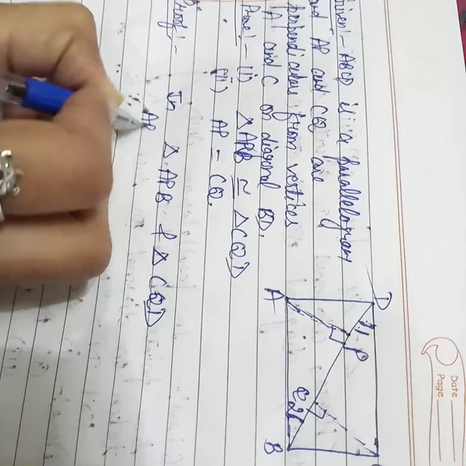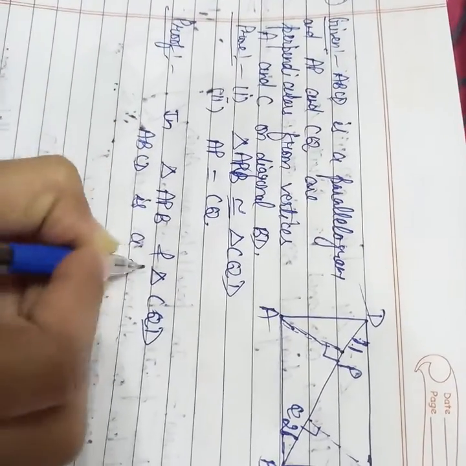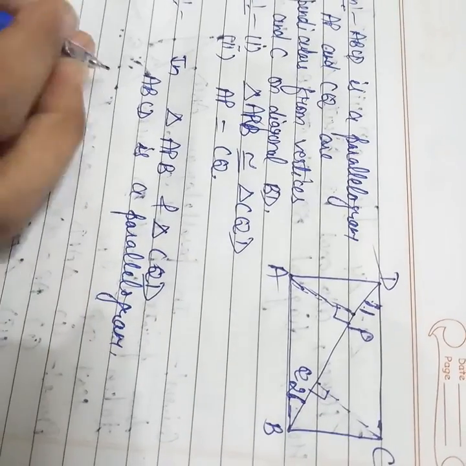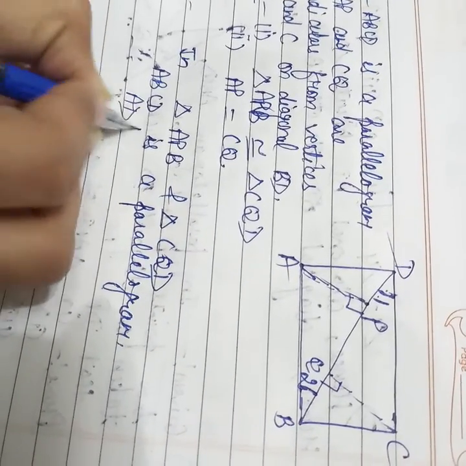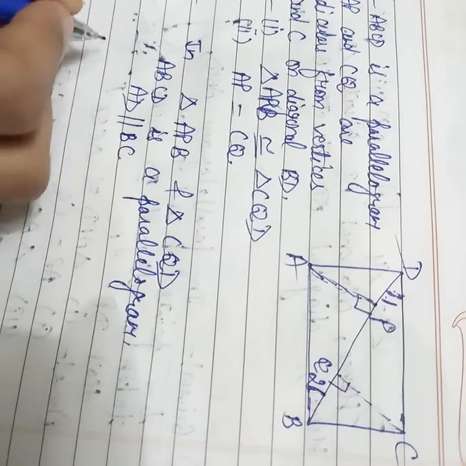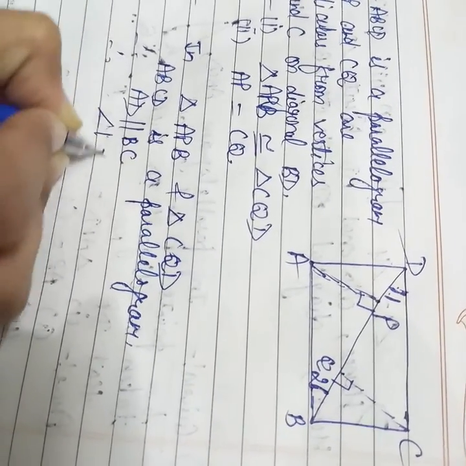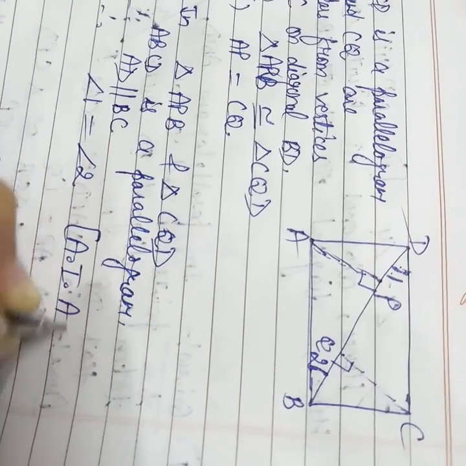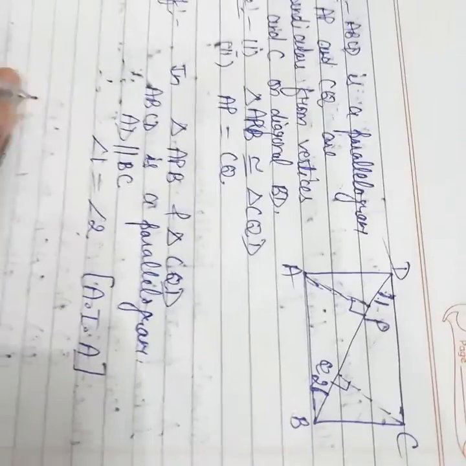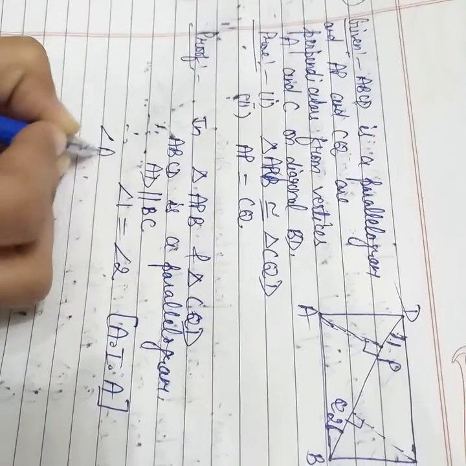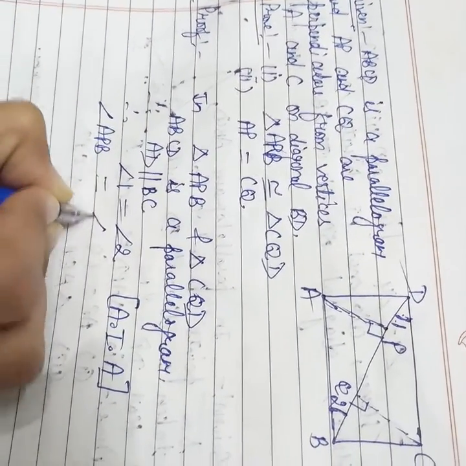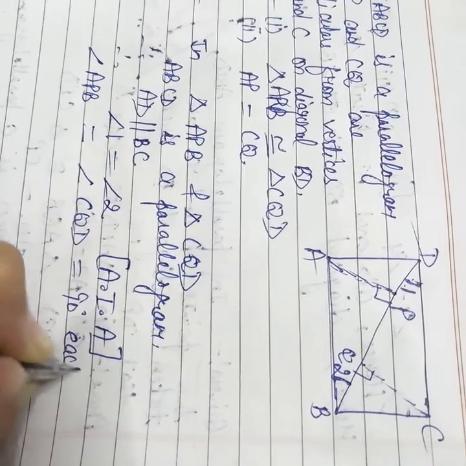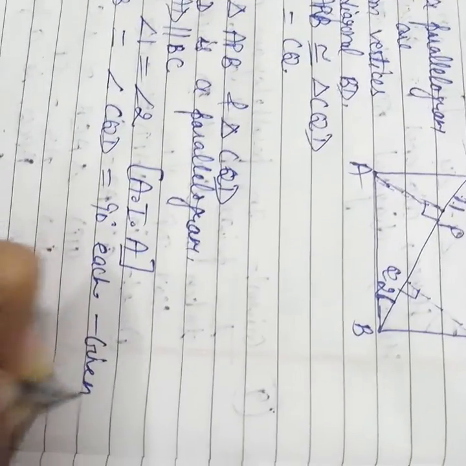Now ABCD is a parallelogram, therefore AD is parallel to BC, therefore angle 1 equals to angle 2 by alternate interior angles, and angle APB equals to angle CQD equals to 90 degree each. This is given.